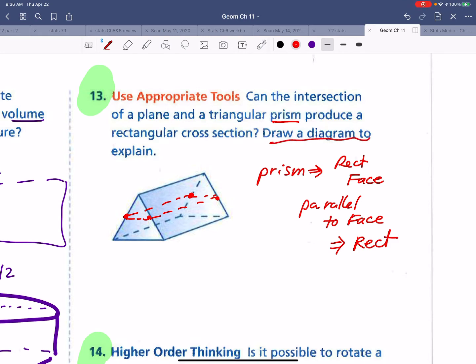And it says draw a diagram to explain, and that's exactly what we did. So we see this would be our plane that's intersecting, and we can use a highlighter to show this plane intersecting. Cool.